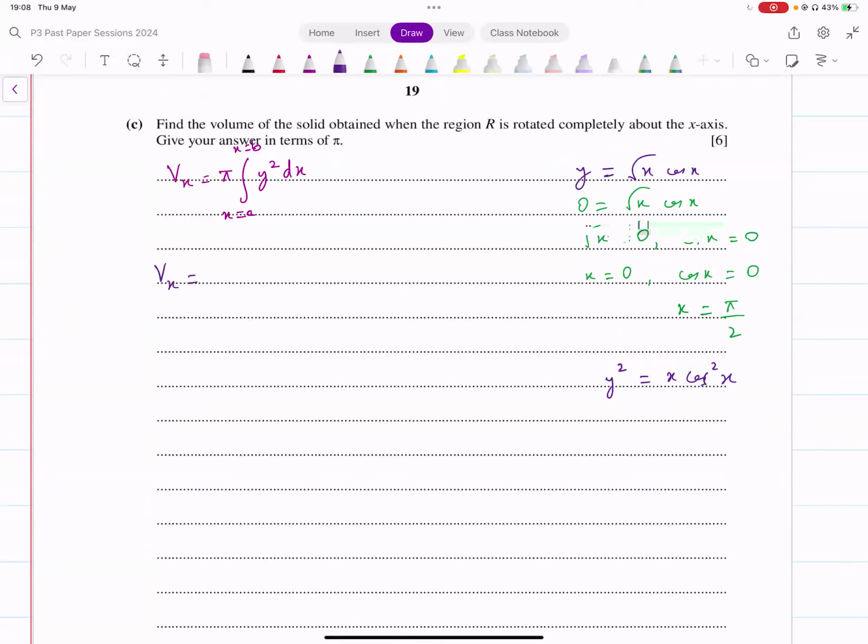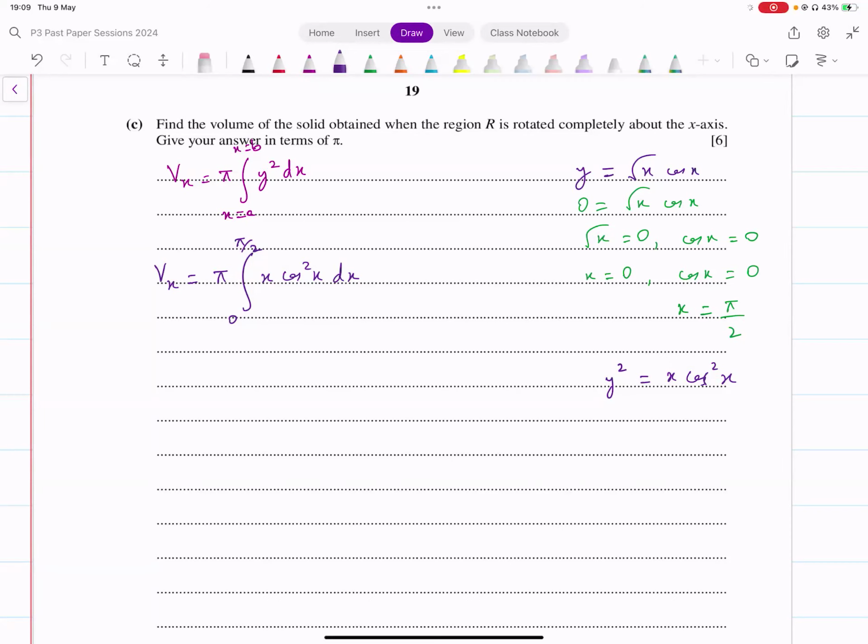V equals pi times the integral of x cos squared x with respect to x. Limits are from 0 to pi over 2. This is what we want to evaluate. And now it's an integration problem. We have to integrate x times cos squared x. Now, how do you do this? It's a product. How do you integrate products? You have to use integration by parts.